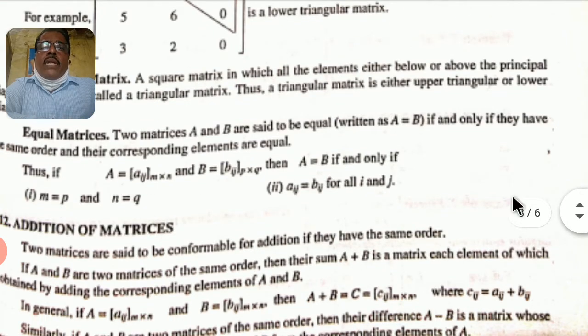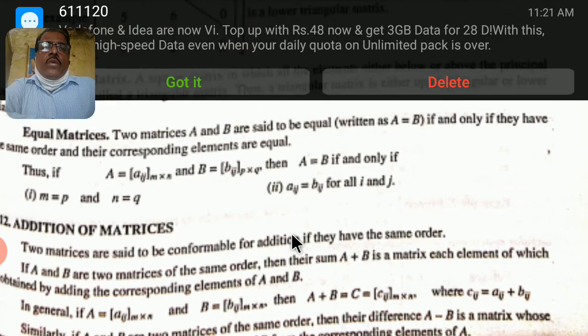Next comes equal matrices. Now two matrices A and B are said to be equal if and only if they have the same order and their corresponding elements are equal.